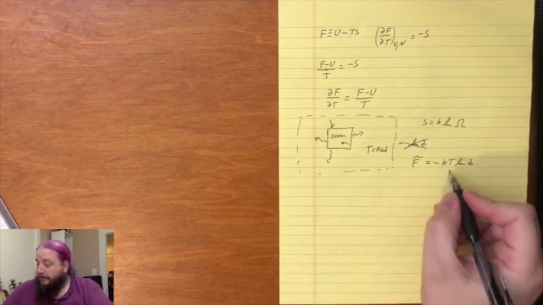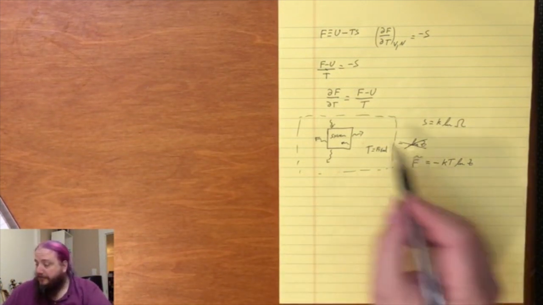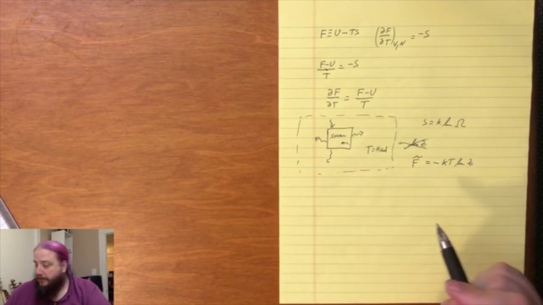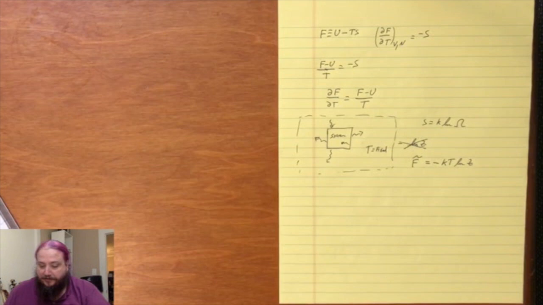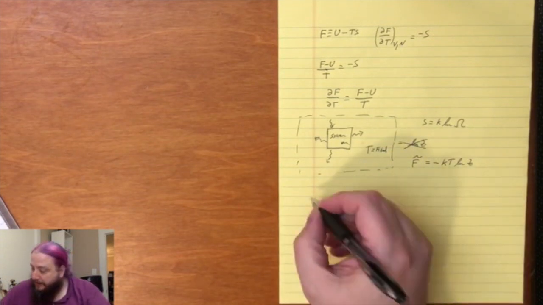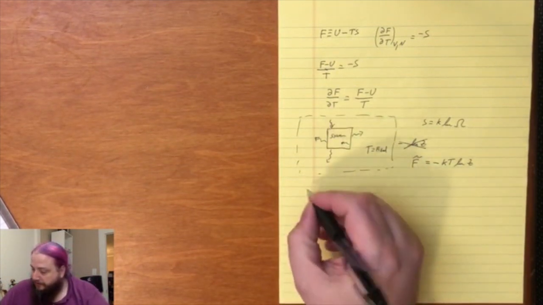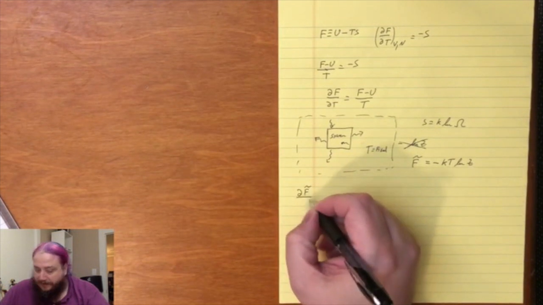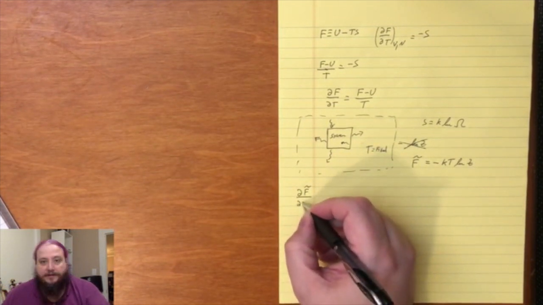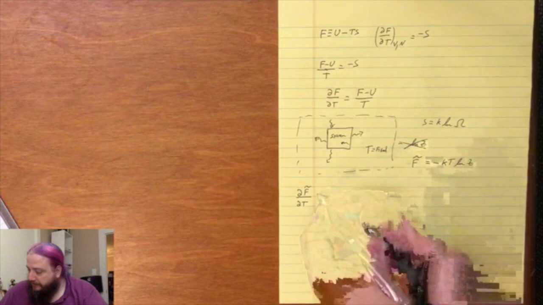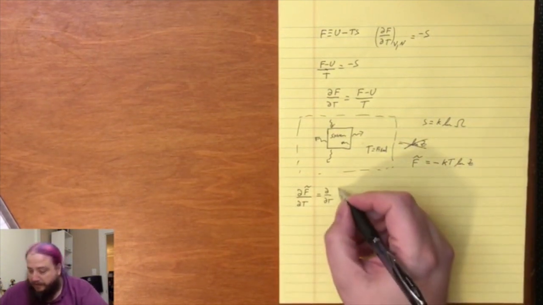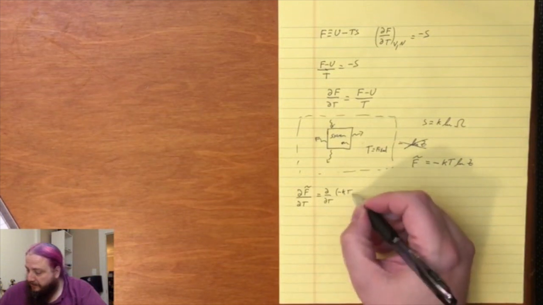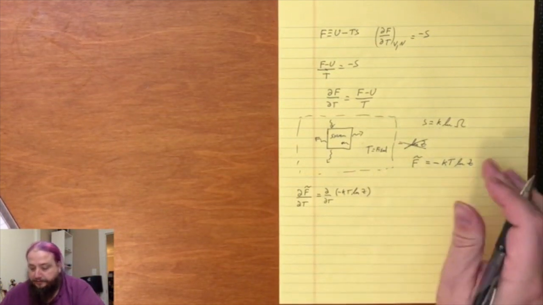All right, well, then how do we show that this is a solution to our partial differential equation? Well, we shove this into our partial differential equation and start evaluating it. So in particular, we would have to evaluate dF/dT. Well, that's going to be d by dT of minus kT times the logarithm of the partition function.